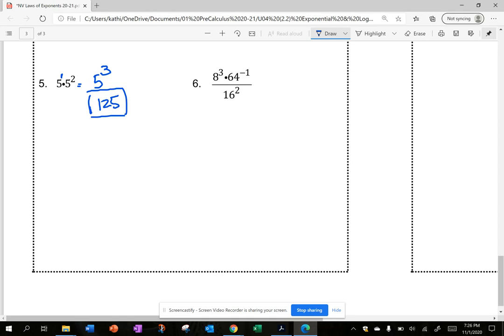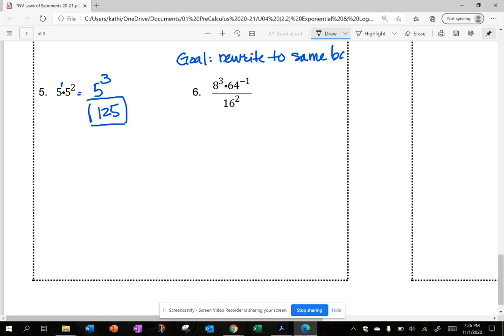Number 6. When I have a bunch of different bases, my goal is I want to rewrite to the same base. So which base do I choose? I want to look at the smallest base that I have available.